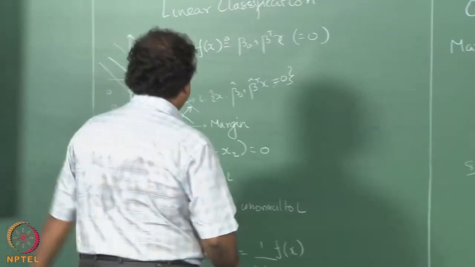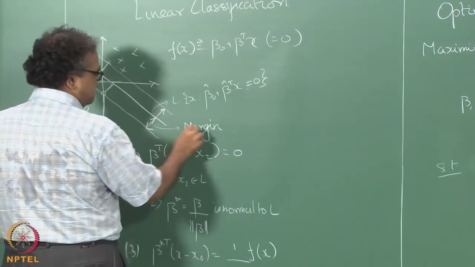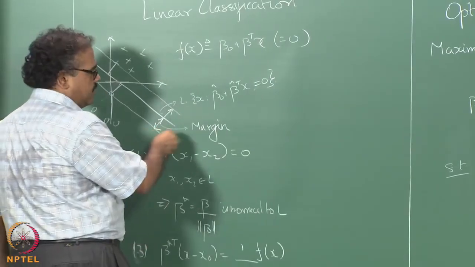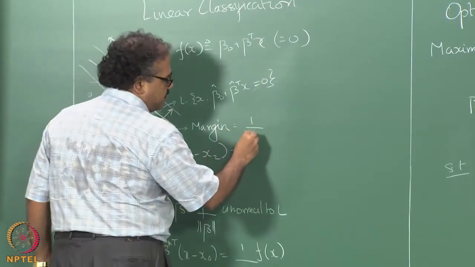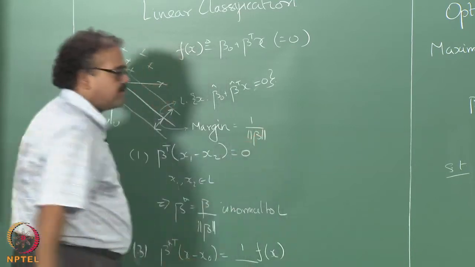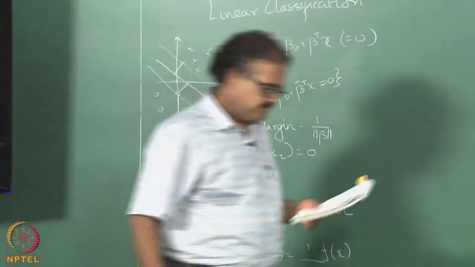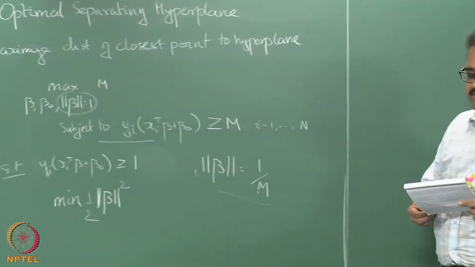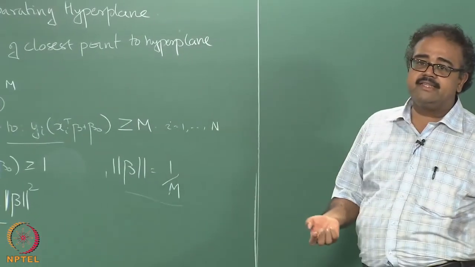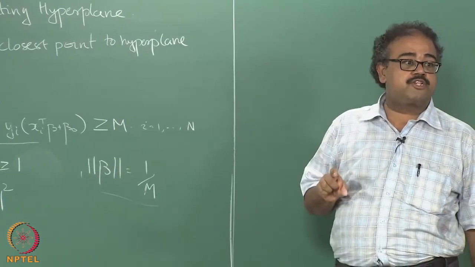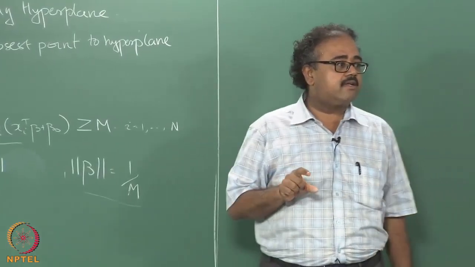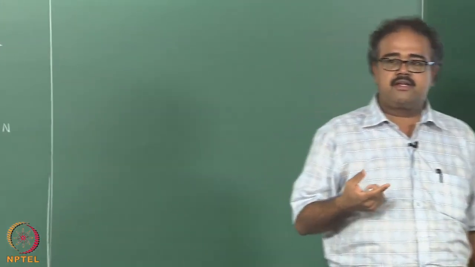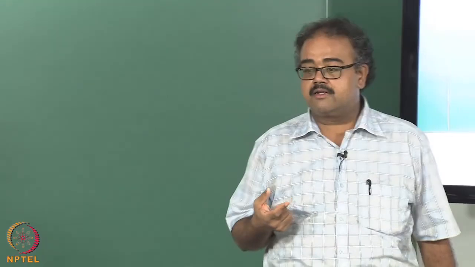Right. So essentially now I can go and say that this margin is actually going to be what? Right. So another way of thinking about it is, what I am trying to find is a minimum norm solution such that all the data points are what?